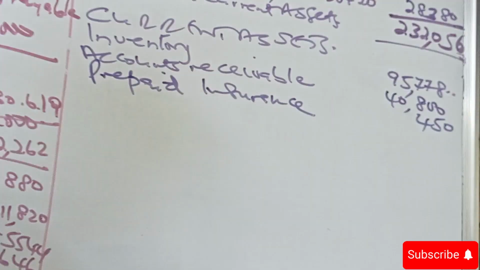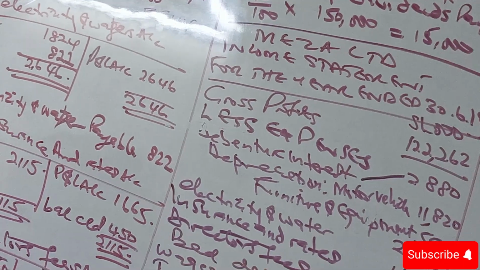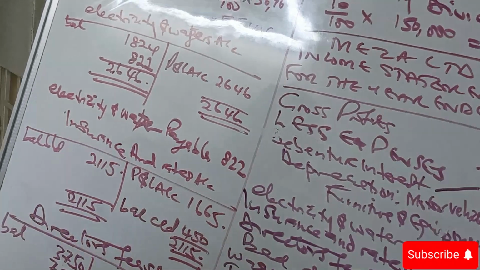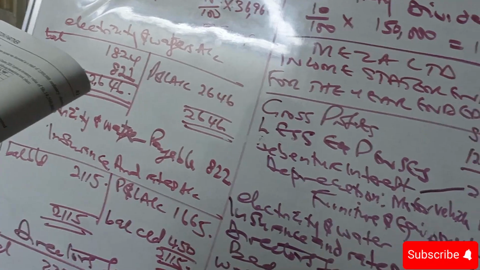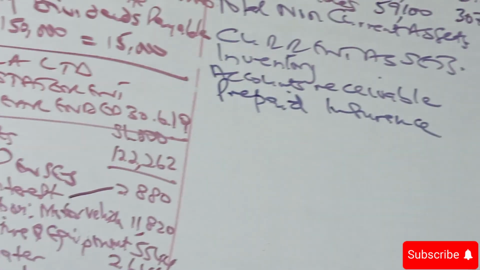Remember our formula. So you ask yourself, do we have short-term investments? We don't have them. Do we have cash in bank? We have a bank balance from the trial balance amounting to 11,694.